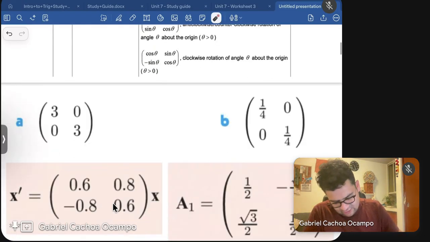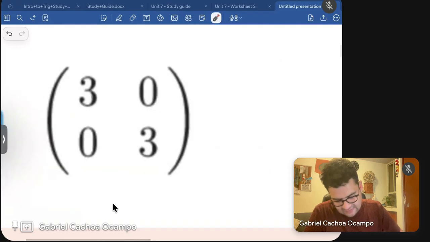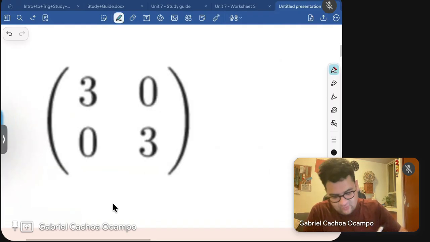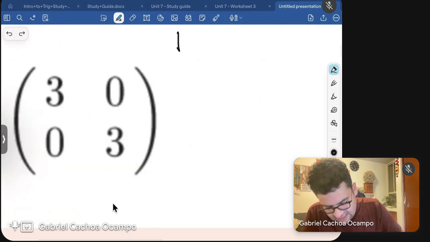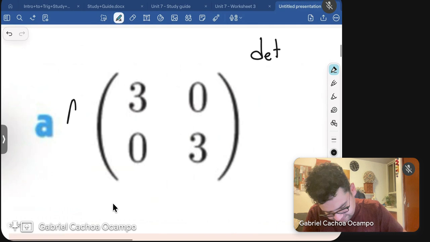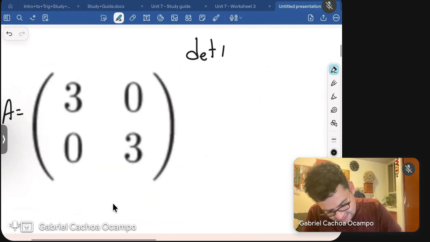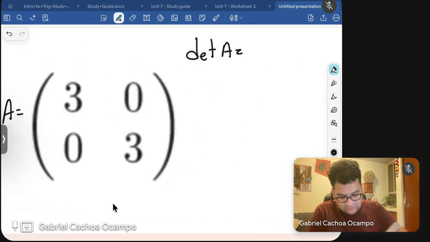So, for example, let us look at this matrix. This is very obviously an enlargement, but let us do it in baby steps. If I call this A, the determinant is AD minus BC. I can also do it in the calculator.